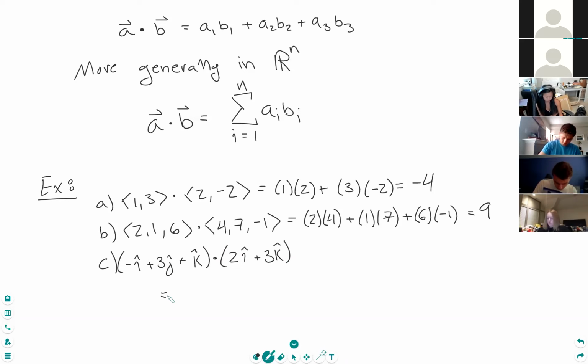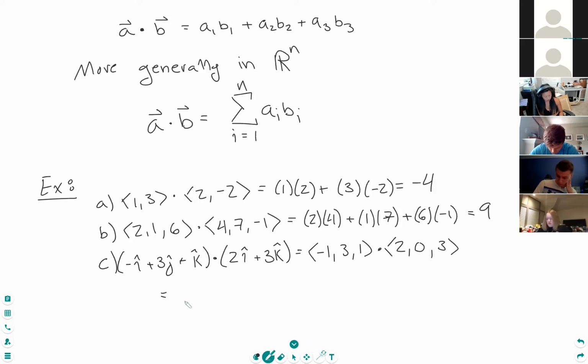Okay, so be mindful when you see it in this form, because we can always write these in their bracket notation. So maybe we'll do that up here. This is -1, 3, 1. Always good to get some practice going back and forth between the two. And we have 2. And notice that I don't have a j hat on this vector, which means I have a 0 here. So that's 2, 0, 3.